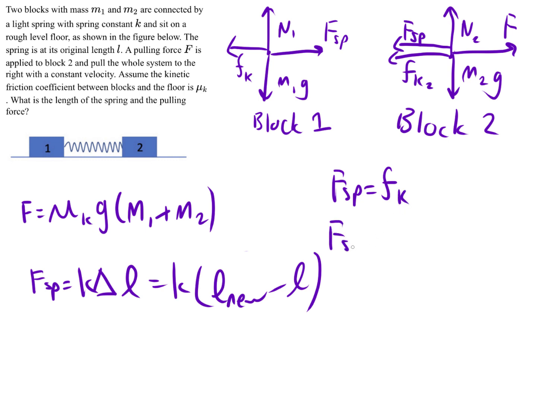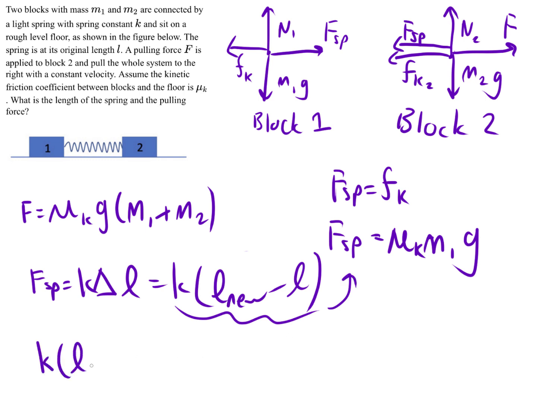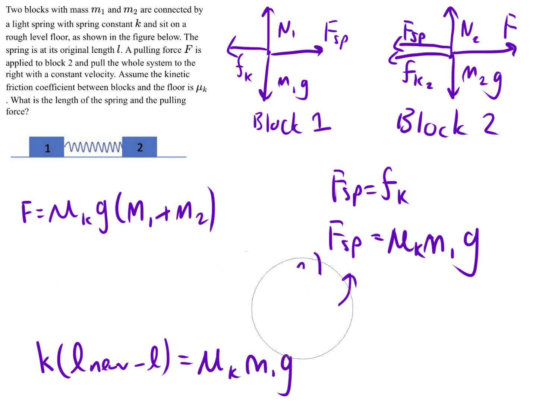So we can substitute that the spring force is equal to the coefficient of kinetic friction times the mass of the first block times g. So we can say that the spring constant times the change in length is equal to the coefficient of kinetic friction times the mass times gravity.